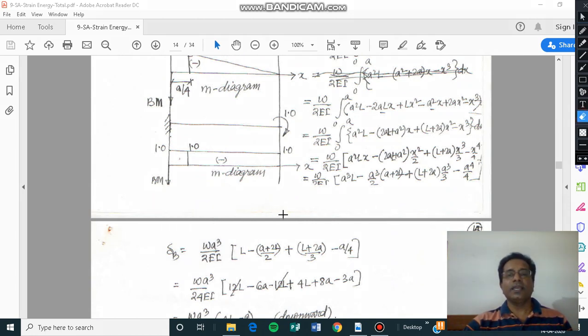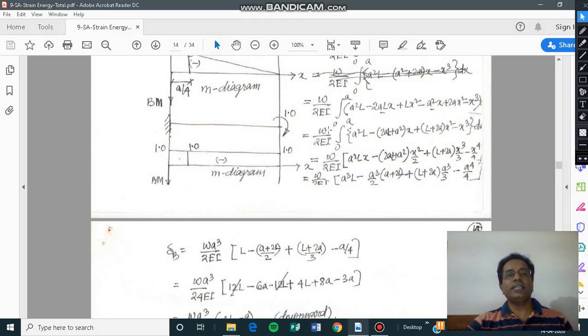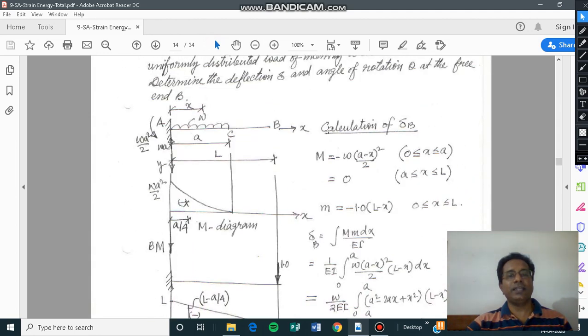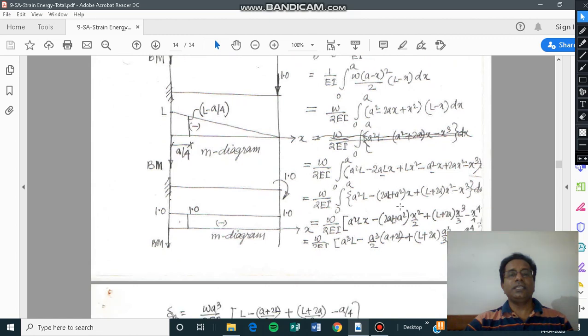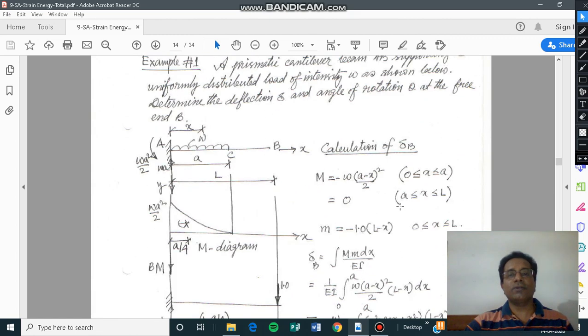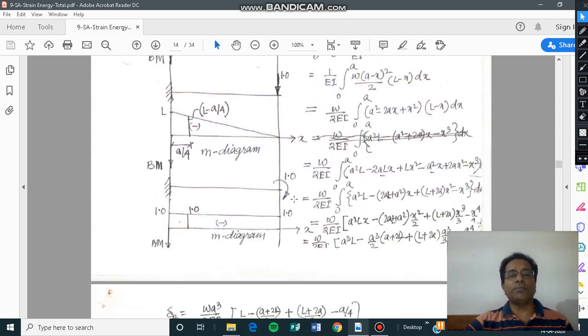Okay. After getting the vertical deflection, the same way, if I want to calculate the slope at the free end, the external load moment that we have calculated is not going to change, that will remain as it is. Only the small m we have to calculate. Now here the small m is for the slope, so we have to apply a unit couple here.